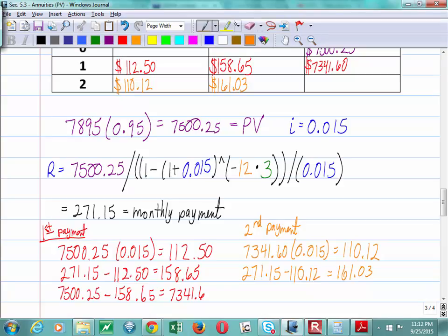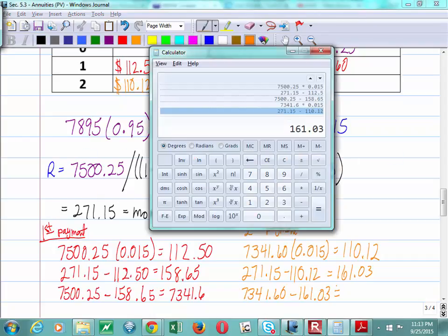Then to figure out the new balance, we take the old balance, 7341.60, minus the amount we're able to put on principal that month. That's 7180.57.